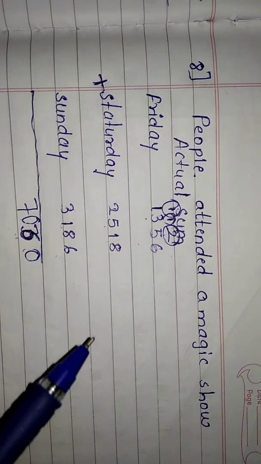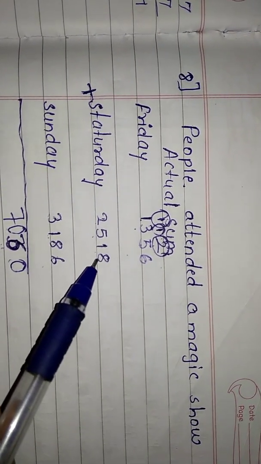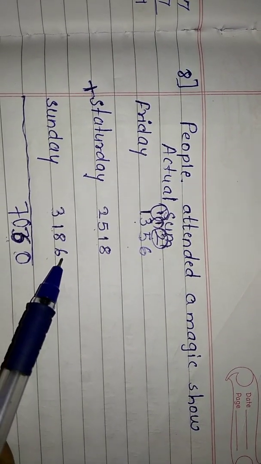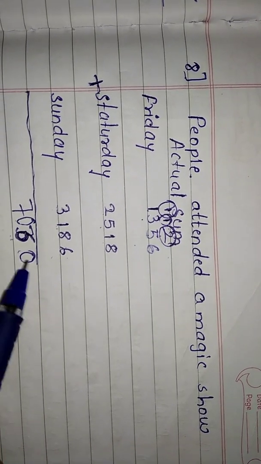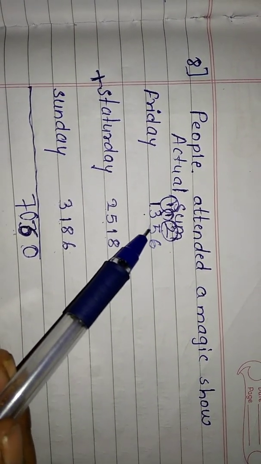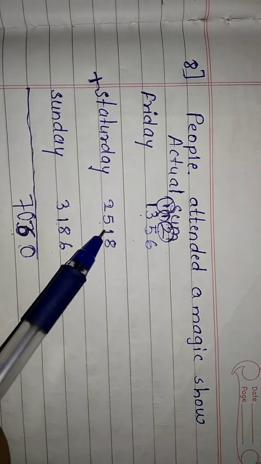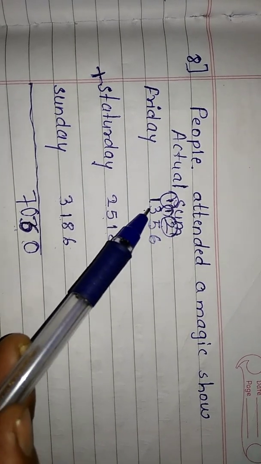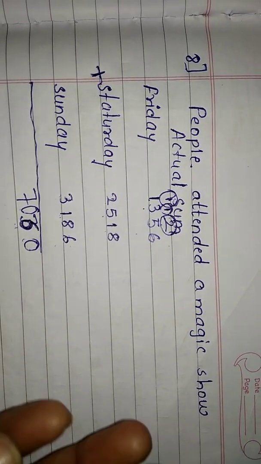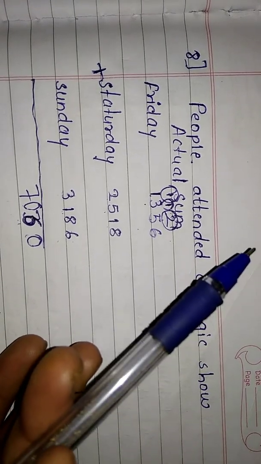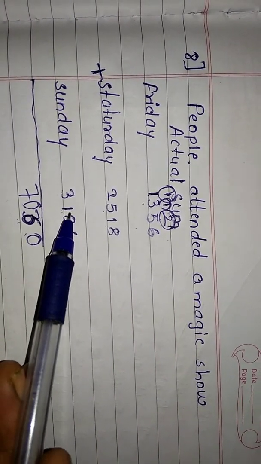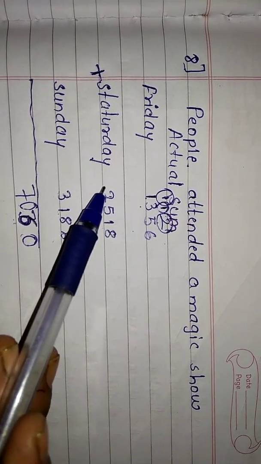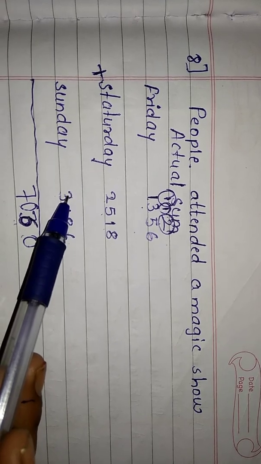Okay, we'll do the addition once again. 6 plus 8, 14, 14 plus 6 is 20, 0 here, 2 will go as carry here. 5, 6, 7, 8, 8 plus 8 is 16, 6 here, 1 will go carry here. 3 plus 1 is 4, 5, 6, 7, 8, 9, 9 plus 1 is 10, 0 here, 1 will go carry here. 1 plus 1 is 2, 2 plus 2 is 4, 5, 6, 7.